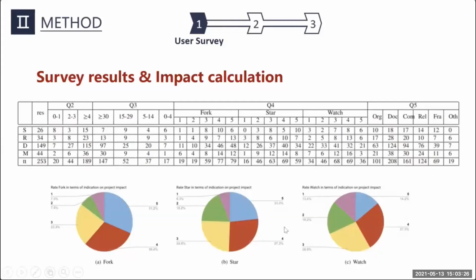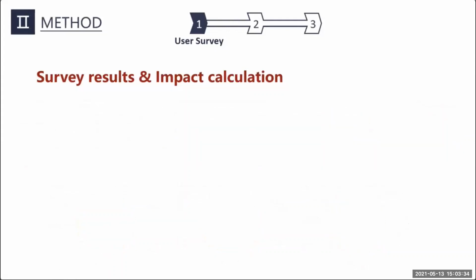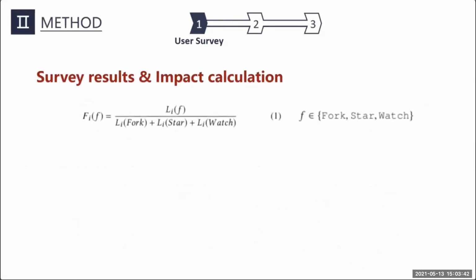Given these statistical results, we further give a quantitative calculation of impact based on the survey results. Particularly, we use formula 1 to calculate the factor of each of the previously surveyed factors: Fork, Star, and Watch. Here, the small f represents either Fork, Star, or Watch, and Li represents the participant's rating for the factor f.